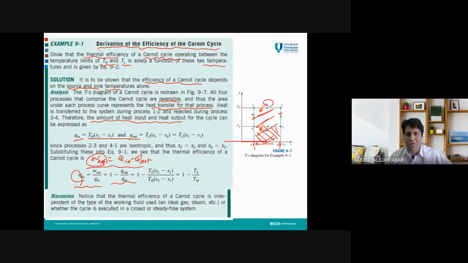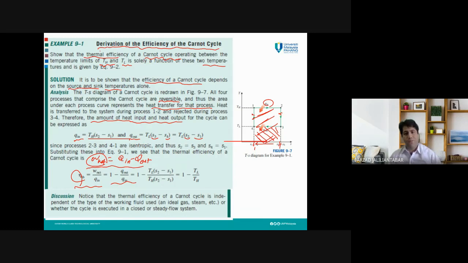We have Q in and Q out, but if we divide these two, we also need to know S2 and S1, and also S3 and S4.